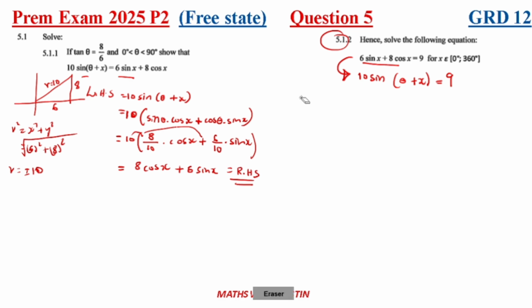With the one that is given, you can either use this one to find theta, or you can just find sine theta is equal to 8 over 10. The answer should be the same, guys.